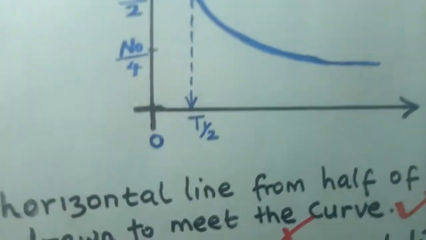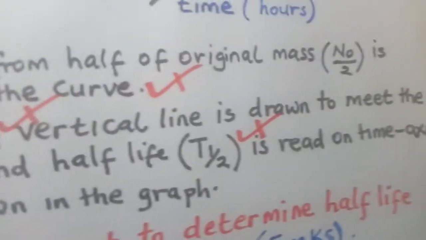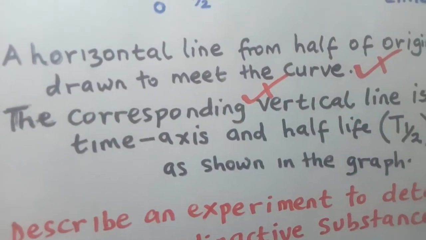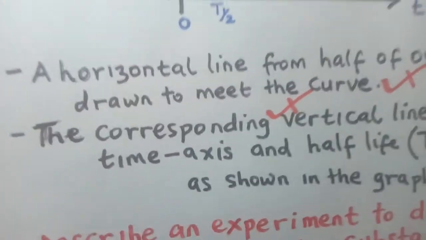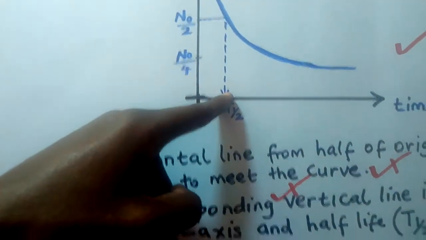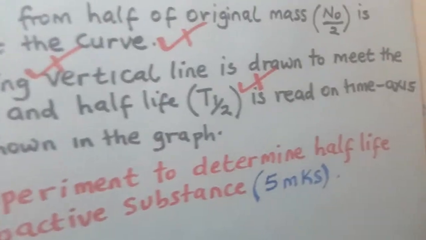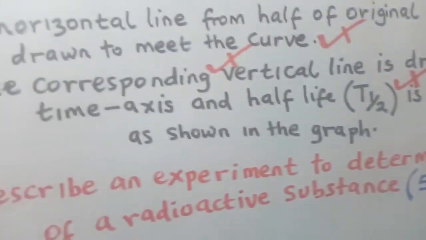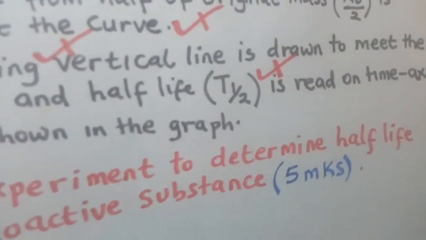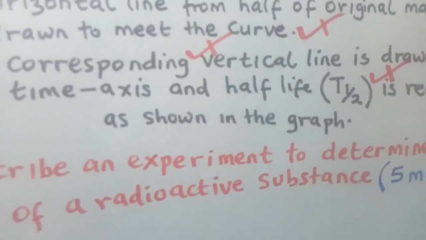That is the next statement now. The corresponding vertical line is drawn to meet the time axis. So the vertical line should touch, which is this one, until it touches the what? So the corresponding vertical line is drawn to meet the time axis. And the half-life, which is T and a half, is read on the time axis as shown in the graph.